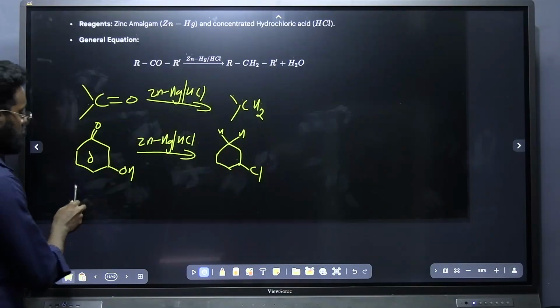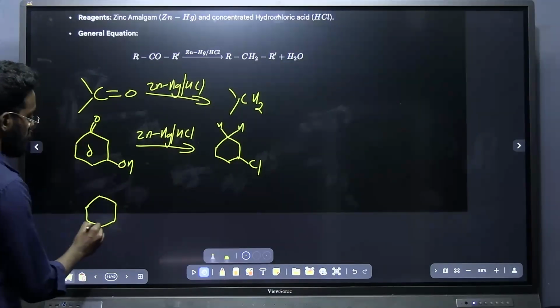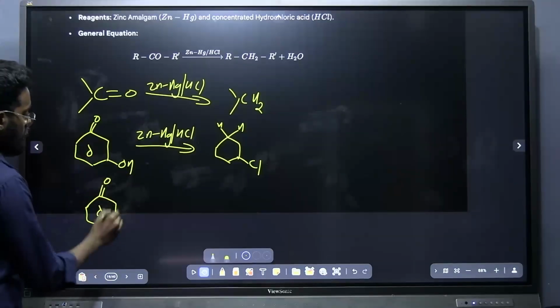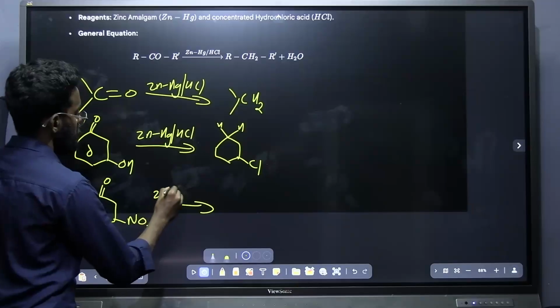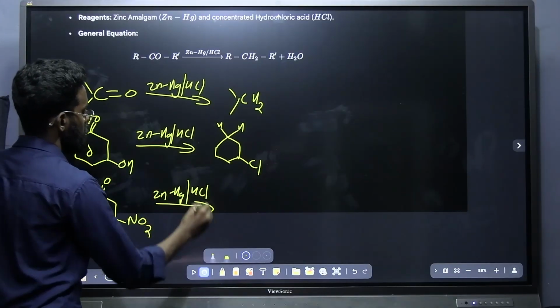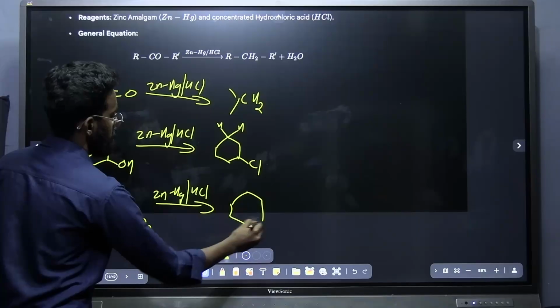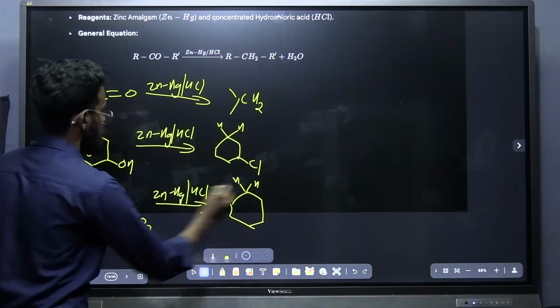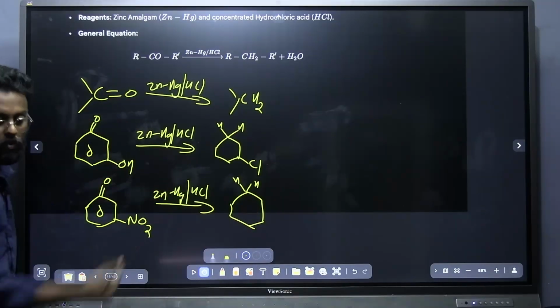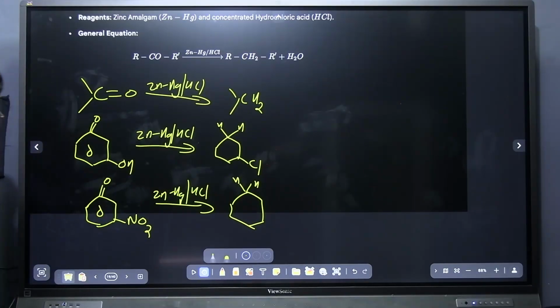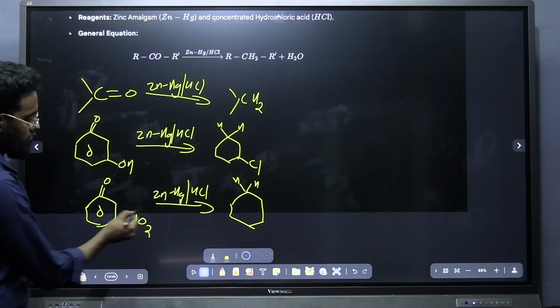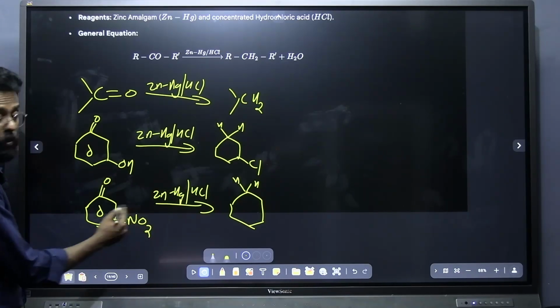And one more thing is that if I am taking an NO2 group with HCl, what is going to be the product? Of course, there will be hydrogen attached to the carbon. The carbonyl carbon will be converted to alkane. Now apart from that, what is happening to the NO2?